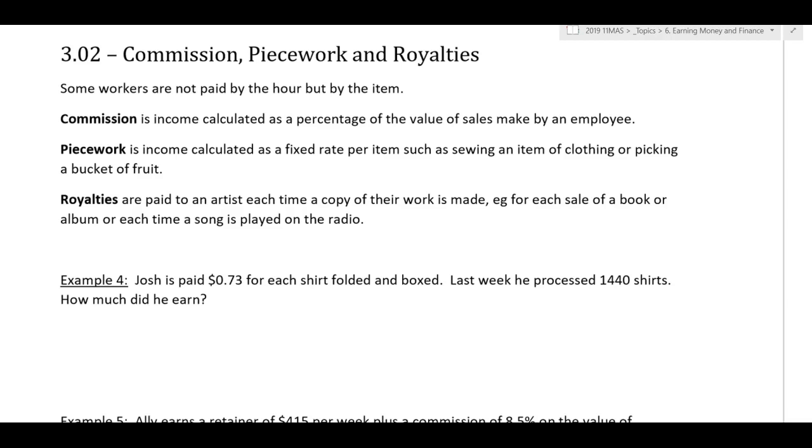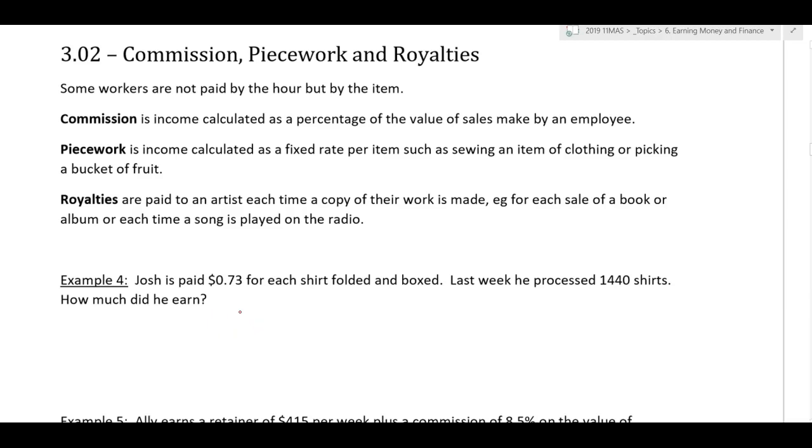There's a fixed amount for each of those units. It's not usually a very large amount, but if you sell a lot of books or a lot of albums, then you receive that royalty over and over again.